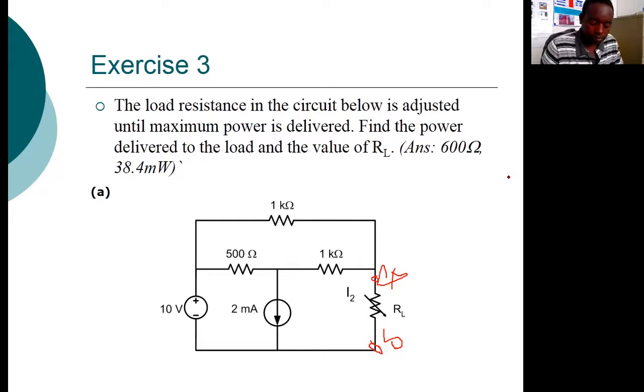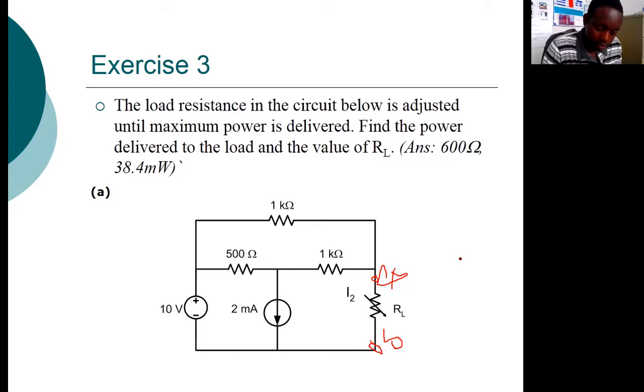Then V Thevenin now will be equal to the result of the voltage source and the current source, which in our case is 10 minus 4, which gives us 6 volts. Well, I have to cross-check because I'm not having a calculator here. Then what will be the maximum power transferred?